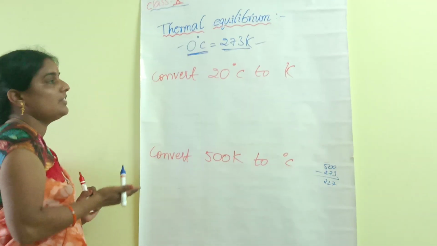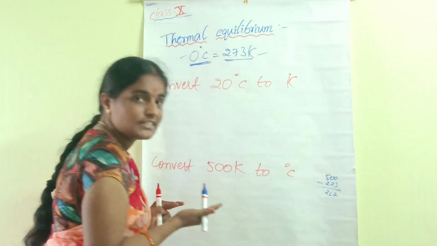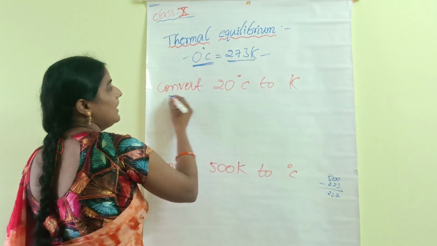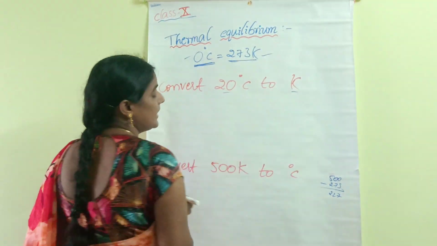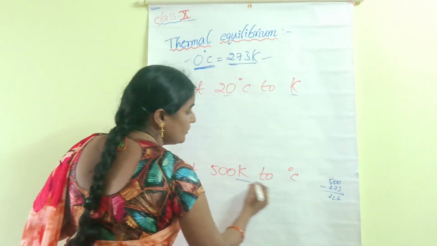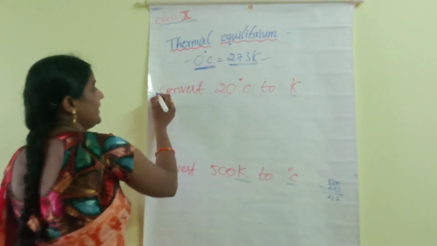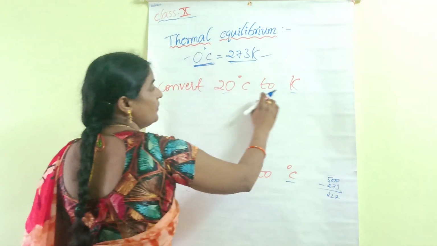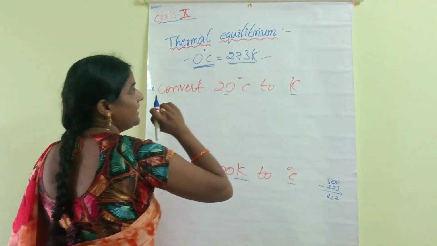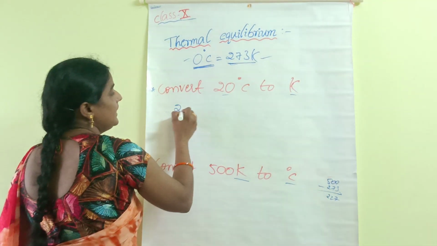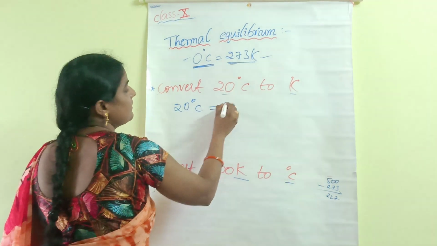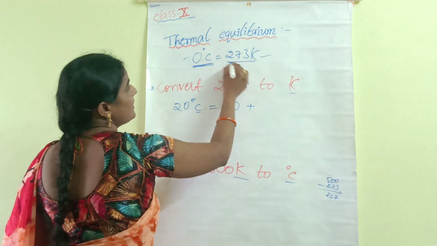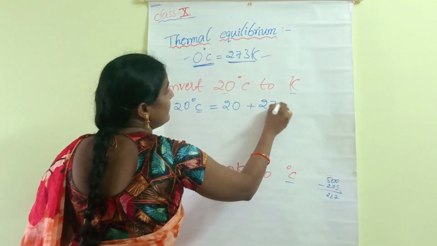There is a chance of some sums for 2 marks in your 10th class. What are they? Convert 20 degrees Celsius to Kelvin, or Kelvin to Celsius. I have written 2 example sums here; it may be any number. Convert 20 degrees Celsius to Kelvin: 20 degrees Celsius is equal to 20 plus 273 Kelvin.